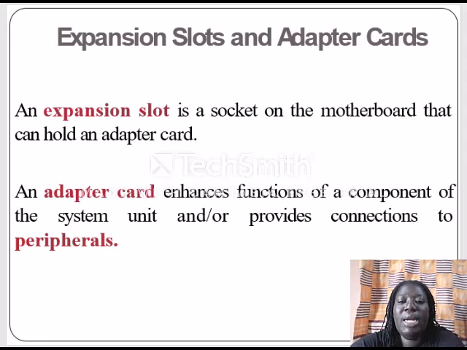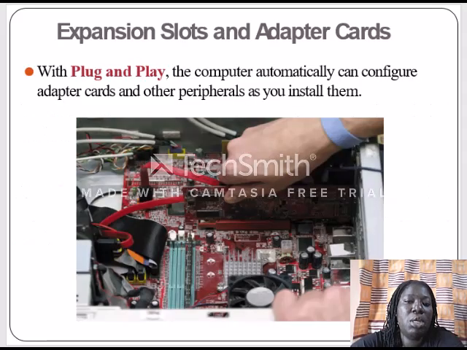An adapter card enhances functions of a component of the system unit or provides connection to the peripherals. So this is a picture of how it looks. With plug and play, the computer can automatically configure adapter cards and other peripherals as you install them.